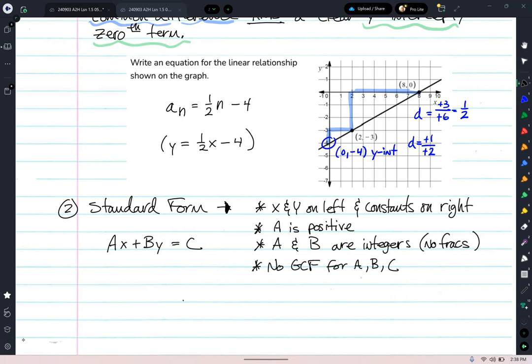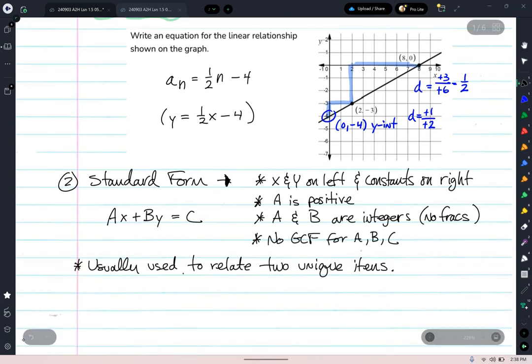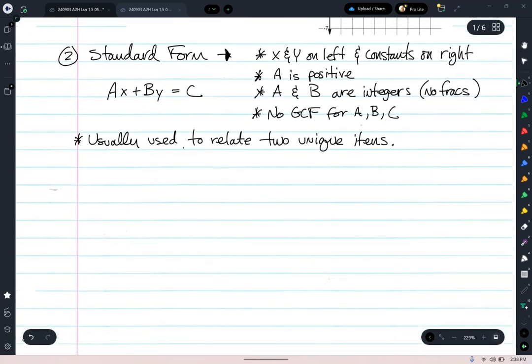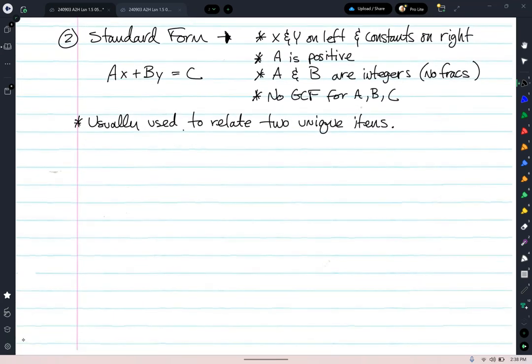Okay, now, standard form is usually used to relate two unique items.